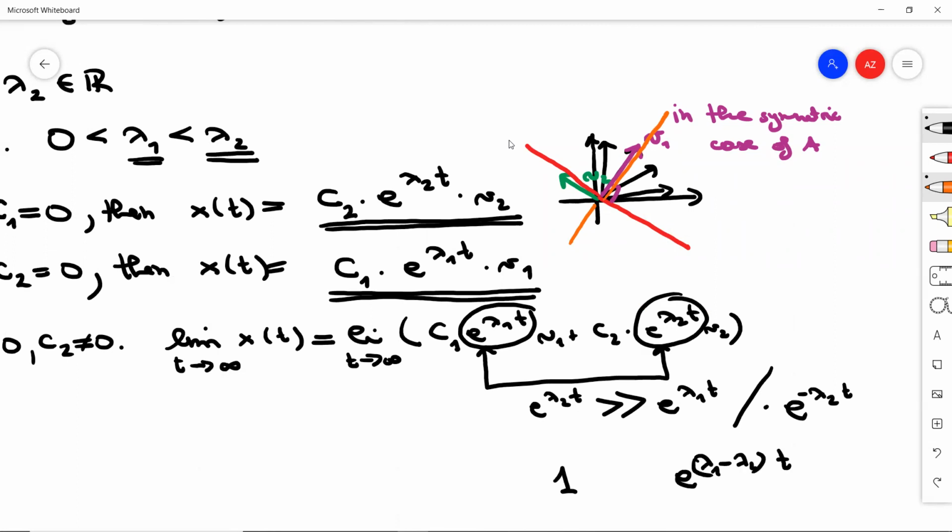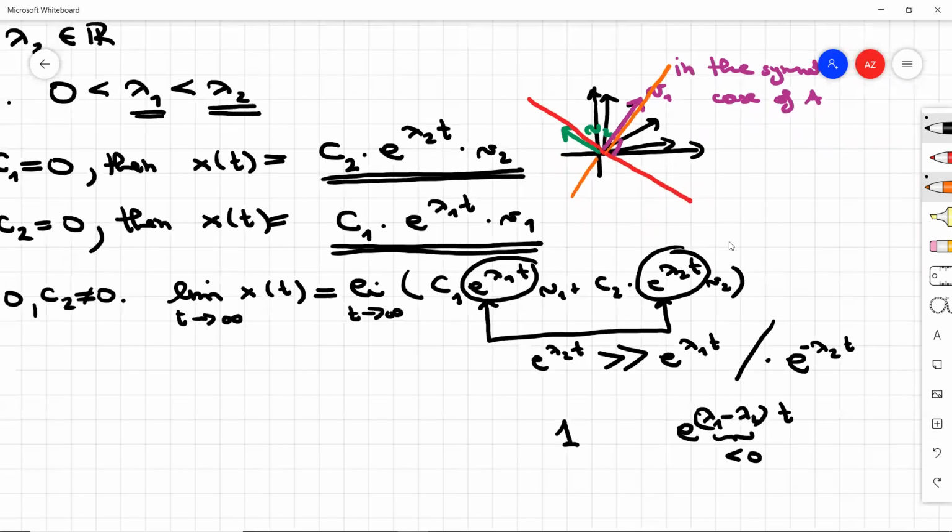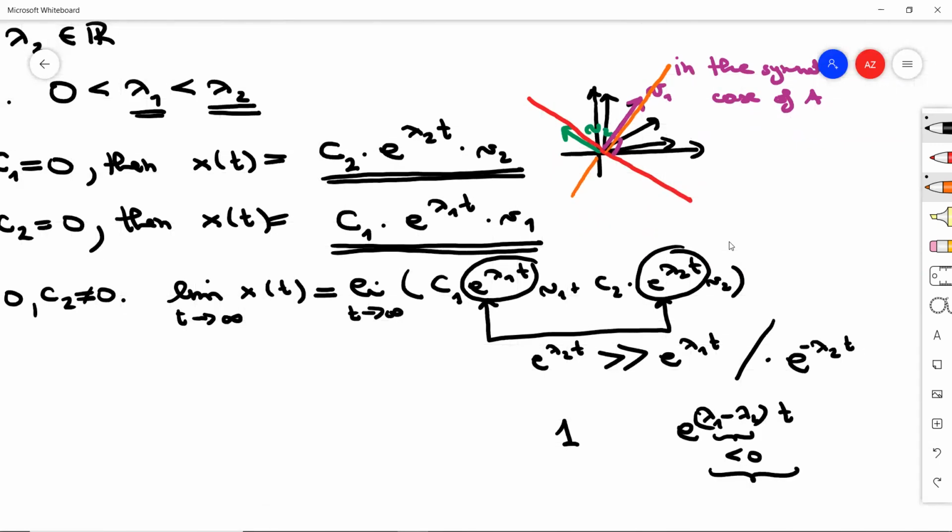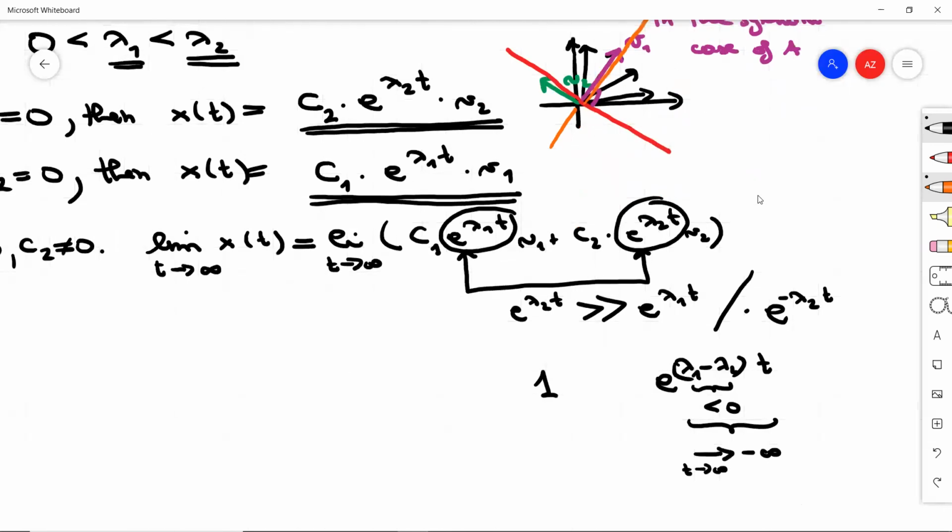And you see this lambda 1 minus lambda 2 is now smaller than 0 because lambda 2 is bigger than lambda 1. And as t goes to infinity, this exponent goes to minus infinity, and e to the power of minus infinity is 0.